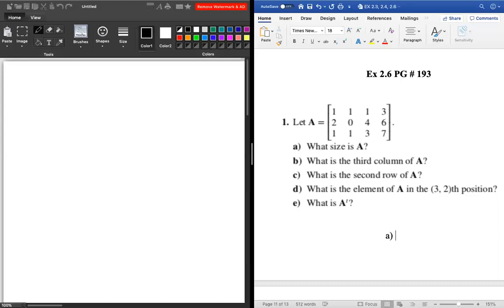The size of A is basically, if we notice here, it has 3 rows and 4 columns, and the size of a matrix is expressed as rows by columns. So here it has 3 rows and 4 columns. Therefore, this is the size of A.